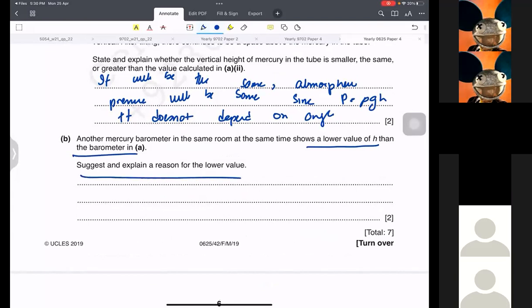The lower value is always because there is less atmospheric pressure in the room, and this is because the temperature of the room is lower.